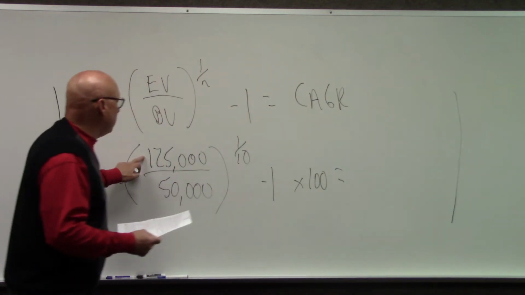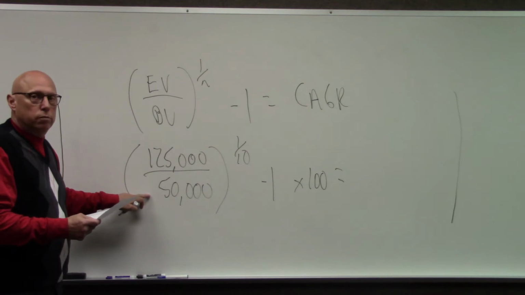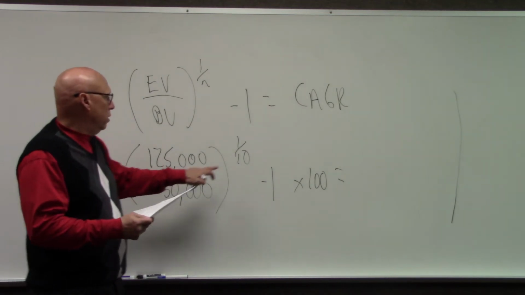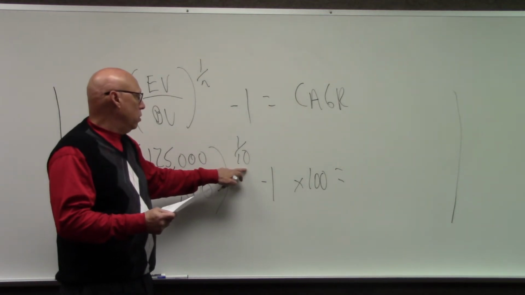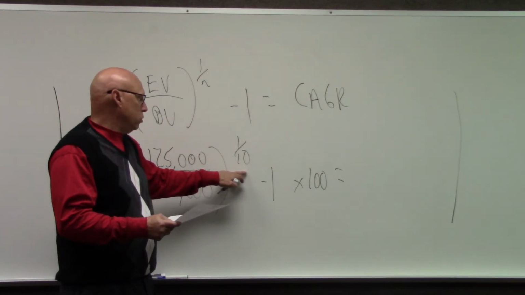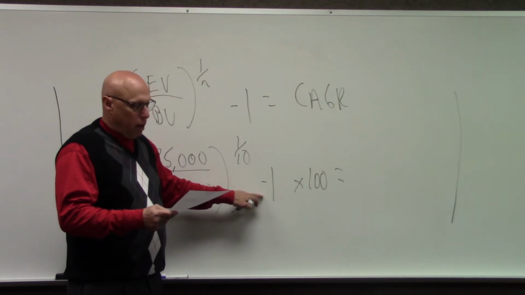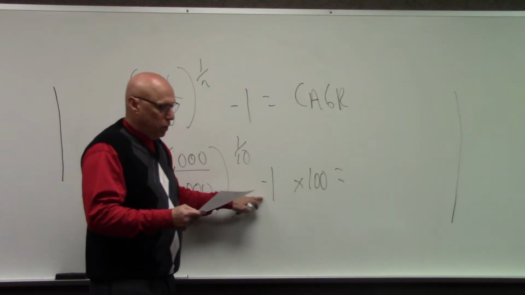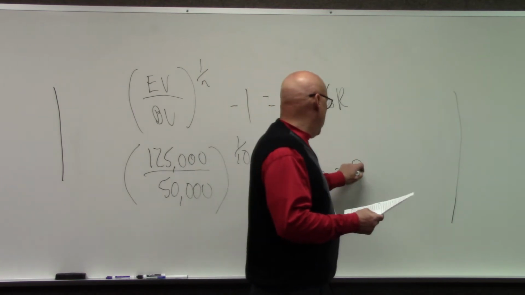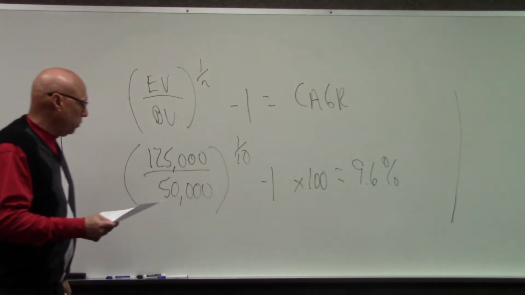So 125,000 divided by 50,000 equals, yx, 10, 1 over x, equals, minus 1, equals, times 100, equals 9.6%. Okay?